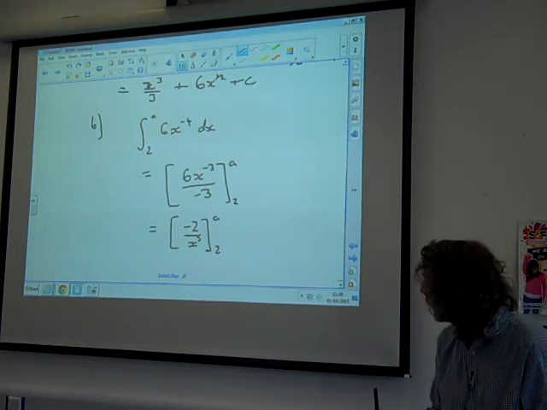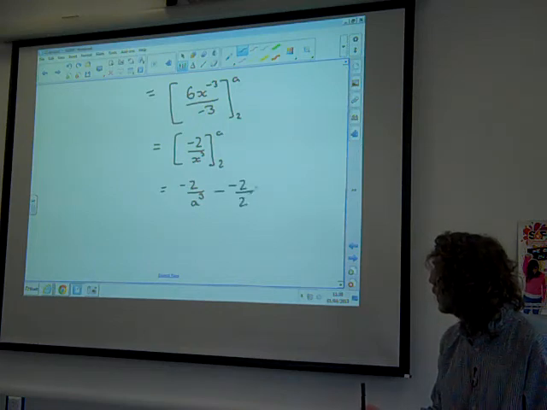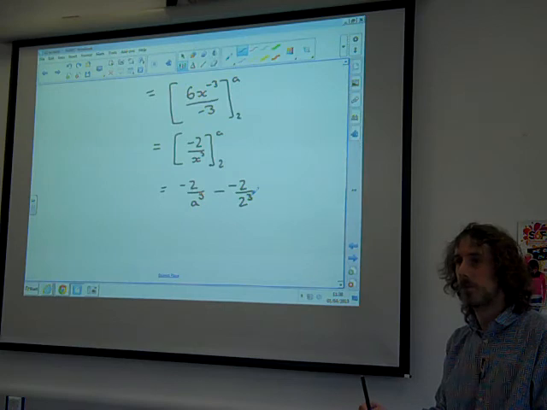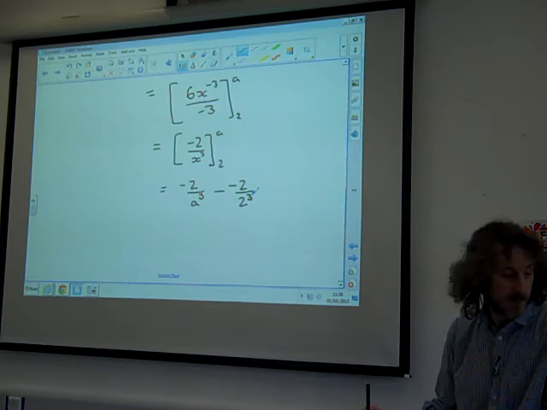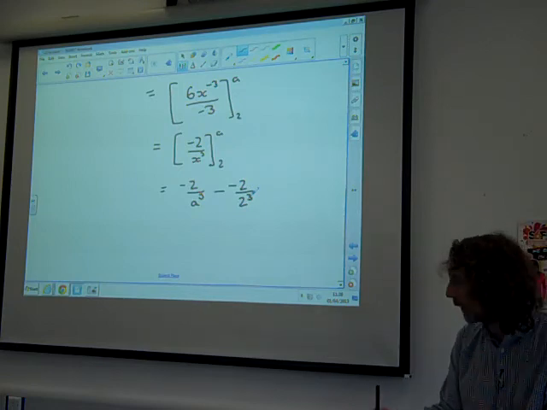Now I'd like to put the limits in. So this means minus 2 over a cubed minus 2 over 2 cubed. And I want to make this as neat as I can. It didn't specify any details about how they wanted it given.